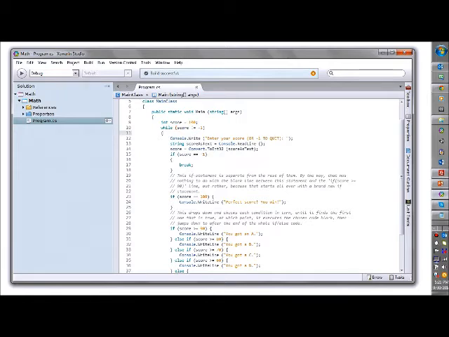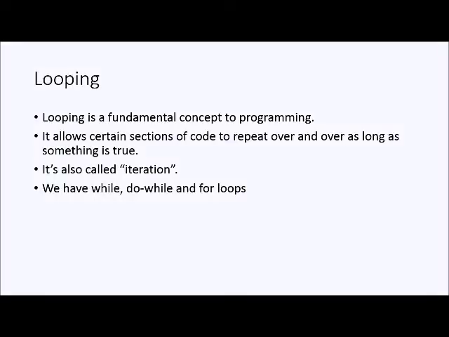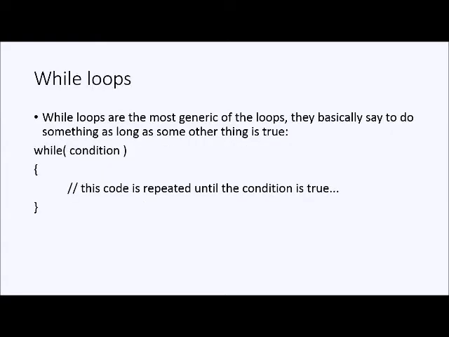So score starts out at 100, then we get in here and it reads it, it sets it, and if it is -1 it breaks, otherwise it keeps going, and then it checks the score again. So in that first case it was 75, 75 is not -1, so it's going to read it again and do it all over again. That's what we call iteration. And there's 3 types of loops. We have while, do while, and for loops. So while loops are the most generic of the loops.